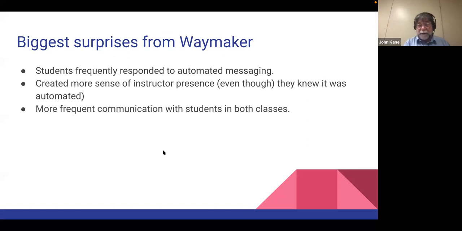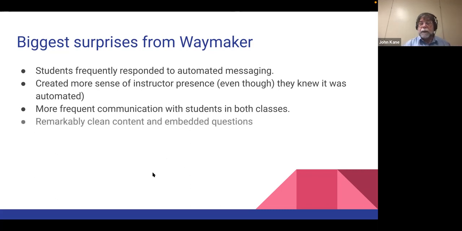And it did lead, in part because of that communication, to more frequent communication in general through emails, as well as, before the pandemic, students just stopping by my office to talk about how they were doing in ways that normally wouldn't happen until after midterm grades started to appear. I've been really impressed by the quality of the content and also the quality of the embedded questions in there.